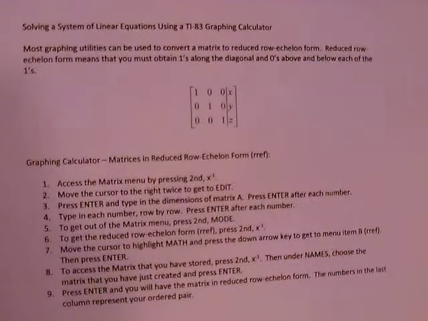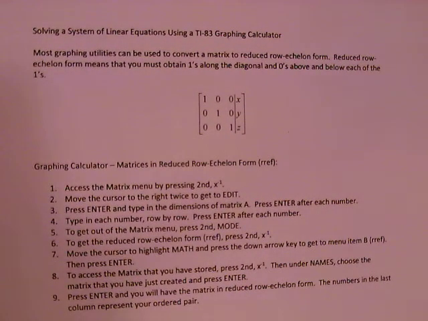What I just did can be done on the TI-83 or 84 Plus calculator. I say 83, but the 84 works as well. So most graphing utilities can be used to convert a matrix into reduced row echelon form.